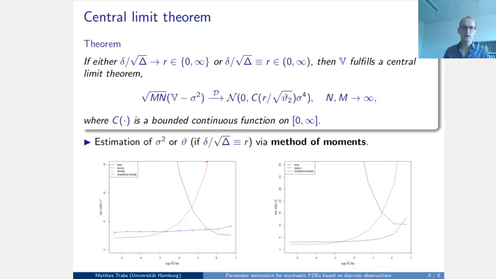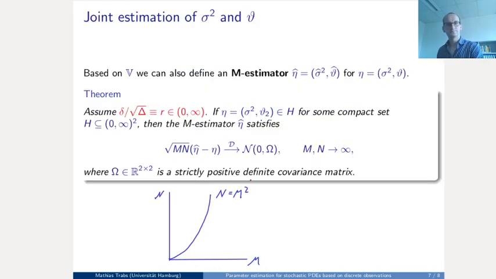The same picture inverse you get if you consider an estimator based on spatial increments, but our double increment estimator is robust with respect to the sampling frequency. It works throughout very well, and here you have the analogous picture for estimating theta.